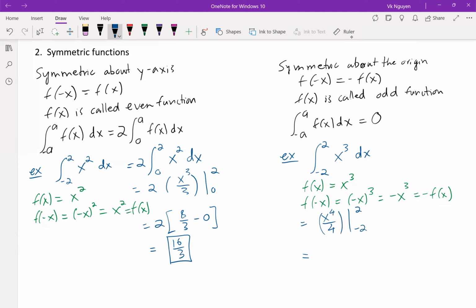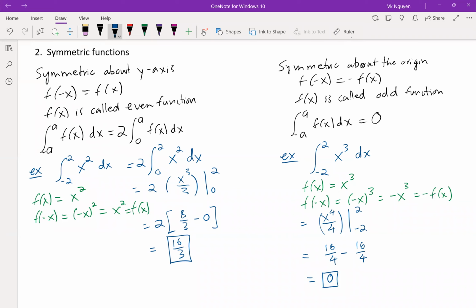We have 2 to the 4, that is 16 over 4, minus negative 2 to the 4, which is 16 over 4. You see, 0. Best to use the fact that the function is odd and immediately get 0.